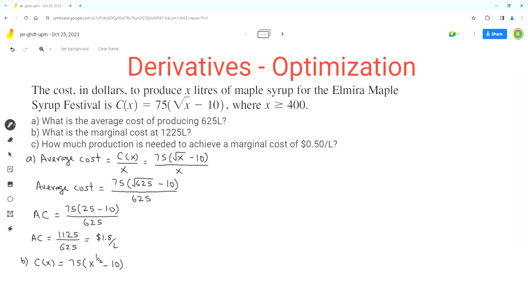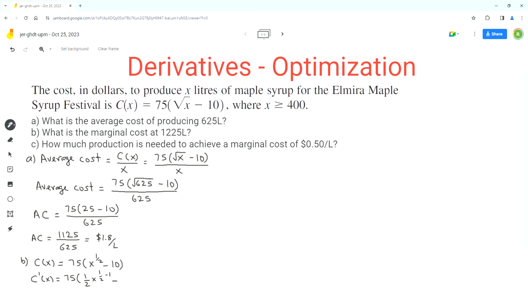And now we can find the derivative of this function. So C prime of x equals, now 75 is the coefficient, so it will just stay as it is. And now we have to find the derivative of the two terms in the parentheses. For x exponent half, we'll have to use the power rule. As per the power rule, we'll move the exponent to the front of the term and we'll subtract 1 from the exponent.